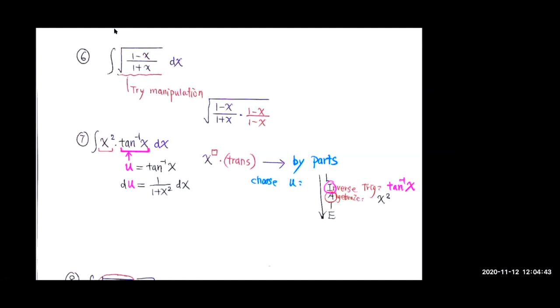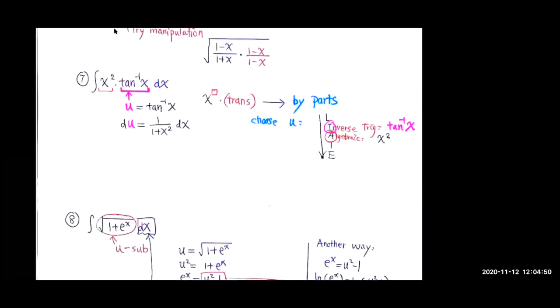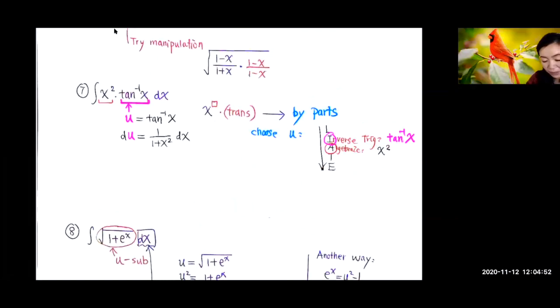By doing this, you're going to let dv be the rest, so dv will be equal to x squared dx. If dv equals this, what does v equal?